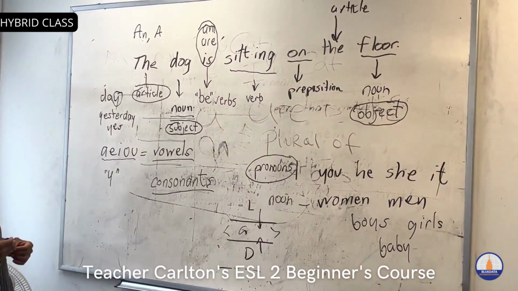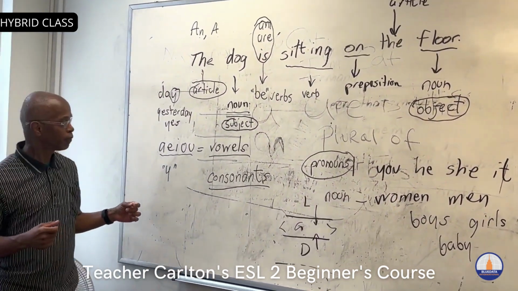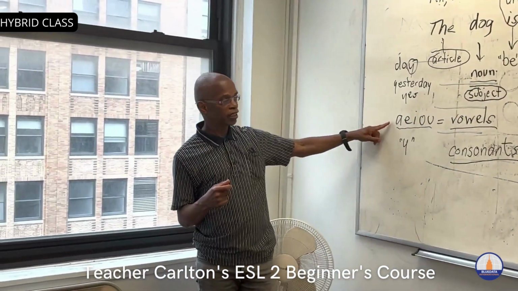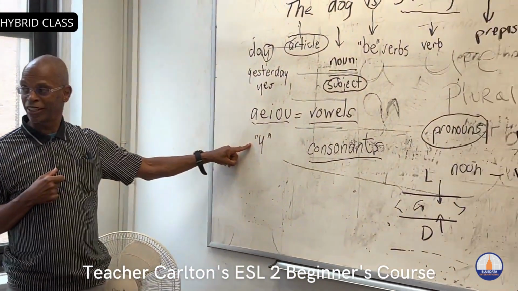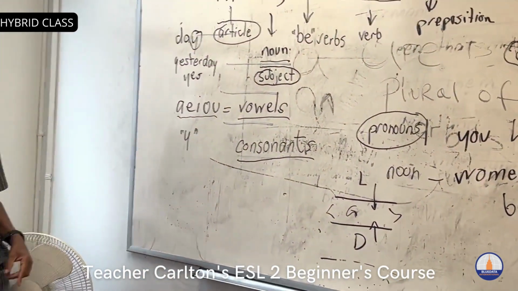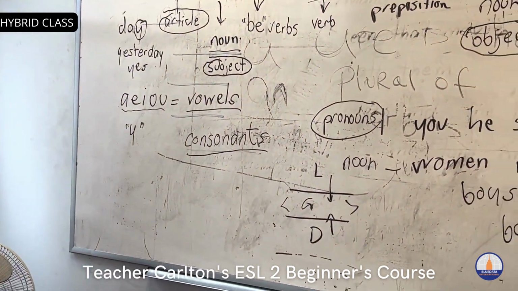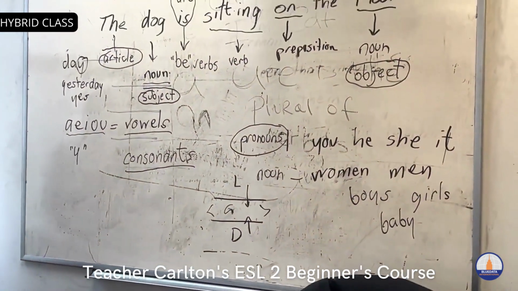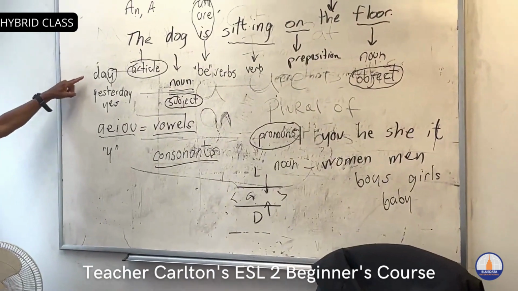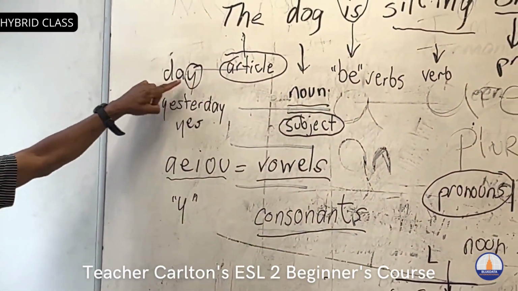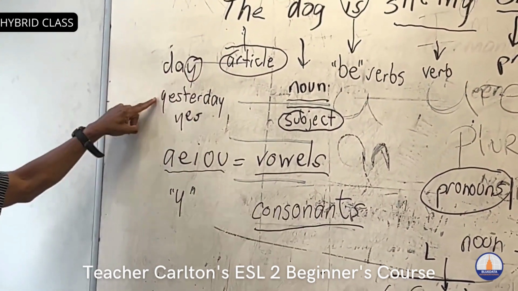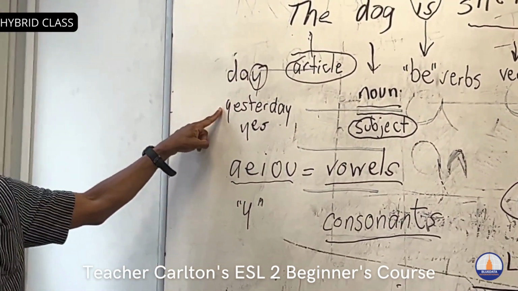So that's basically it. Remember, what are the vowels? A, E, I, O, U, and sometimes Y. Exactly. Why? Good question. You see these words here, today and yesterday. You see Y in two places. However, they're pronounced differently.